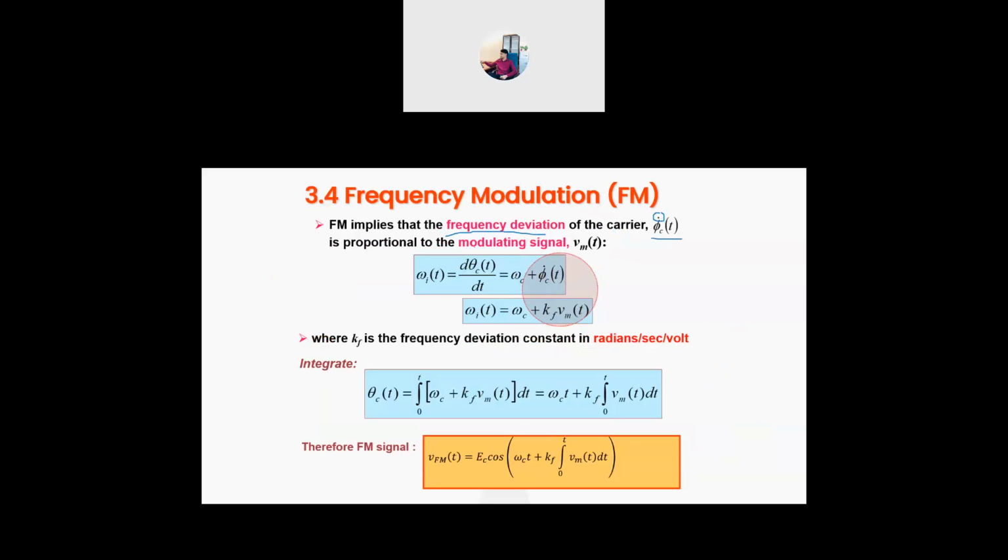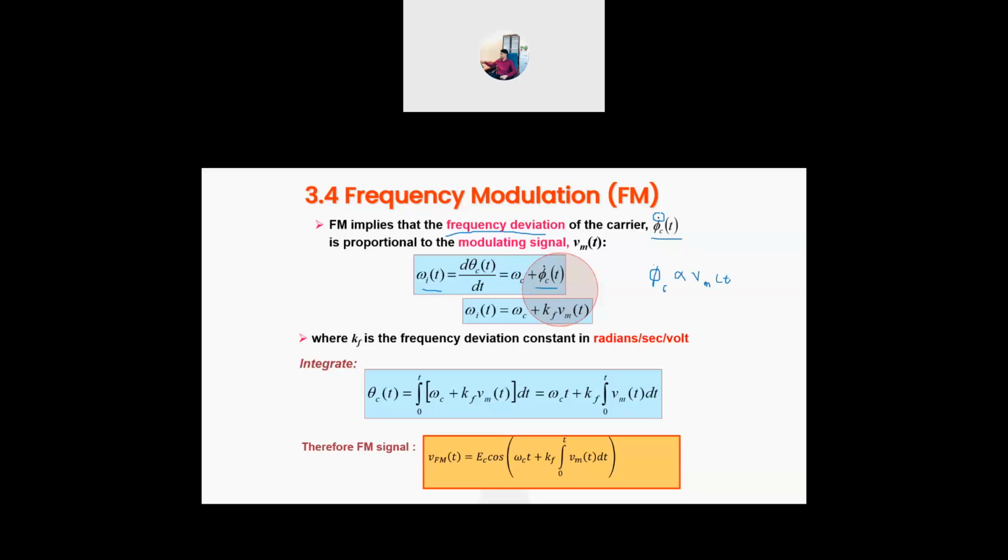It's proportional to the modulating signal Vm(t). So you have omega i(t) equals d theta c over dt, which is omega c plus the instantaneous angle value. This is equivalent to Af Vm(t), proportional to Vm(t).